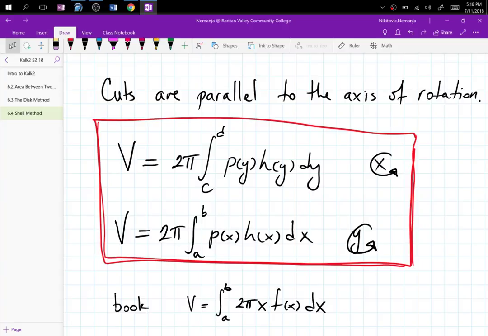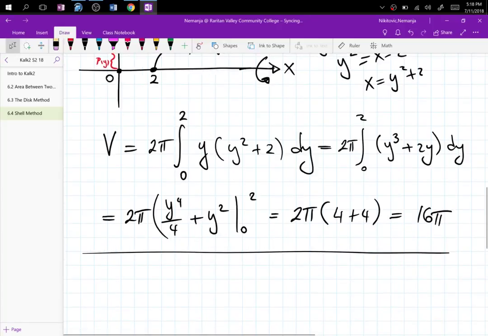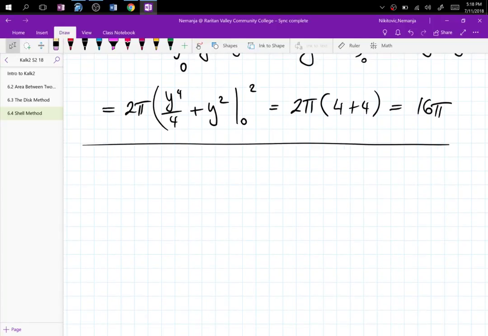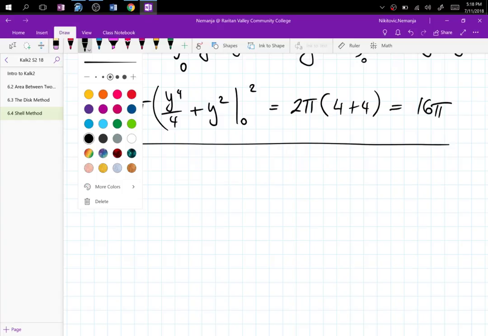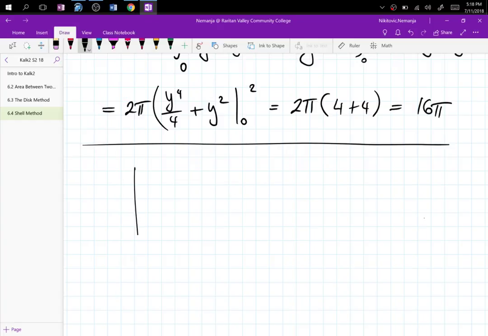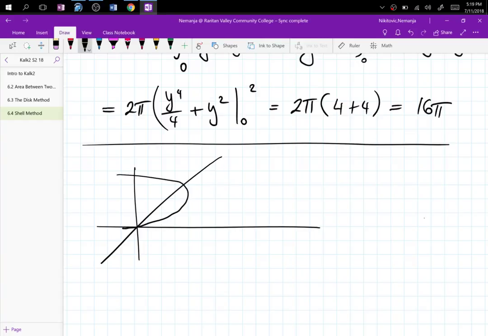So now we are going to extend this formula because I could have a situation where I have, let's say, a linear line over here, and then I have a parabola here, and now that rotates on the x-axis, right?